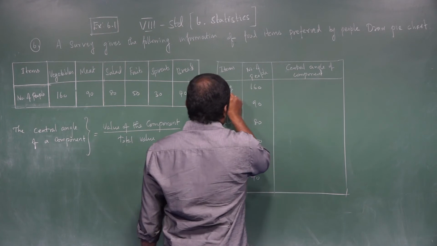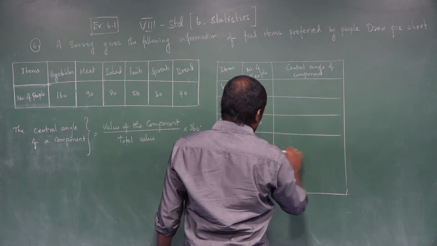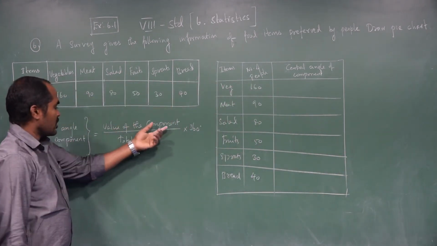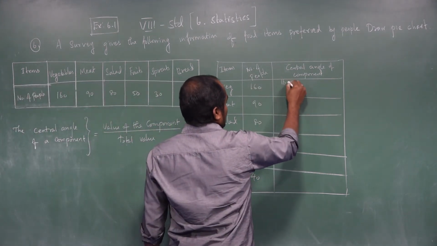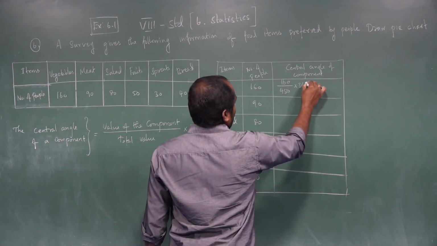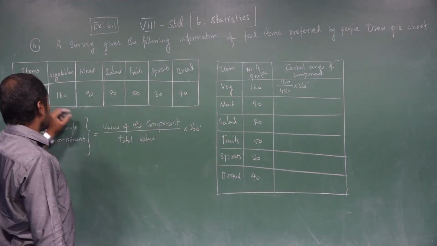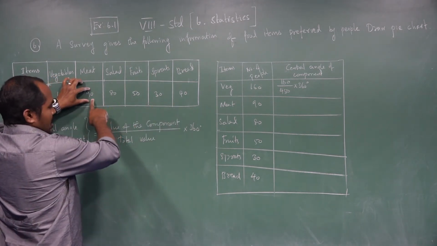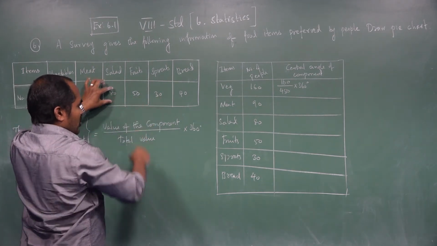So central angle means, you know the formula, value of the component by total value into 360 degree. The value of the component is 160 by total value 450 into 360 degree. Add all the values to get the total value: 160 plus 40 is 200, 290, 370, 400, 450, right?